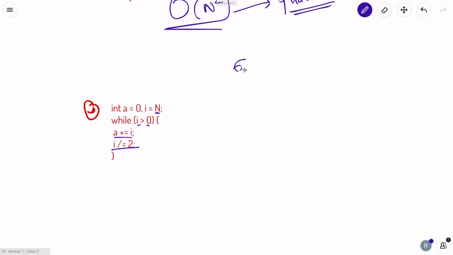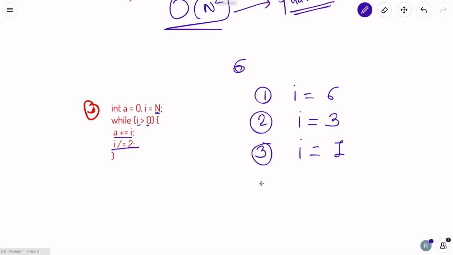In step 1, i is 6. In step 2, i is 3, and in step 3, i is 1. In step 4, i is 0, and we do not enter the loop. So when n is 6, we go through this loop 3 times.